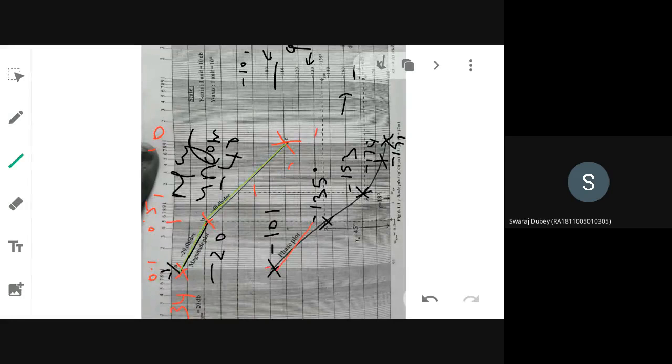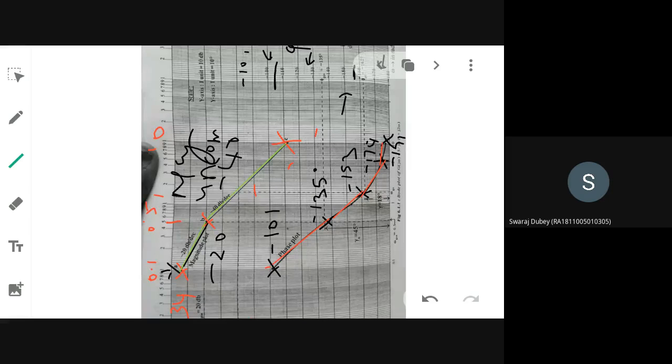Just connecting all the points, like this. Write this as the phase plot of the uncompensated system.